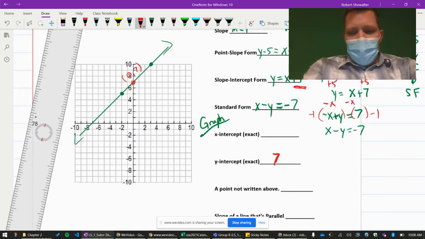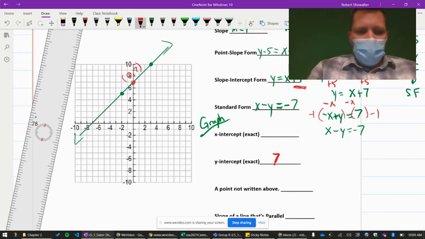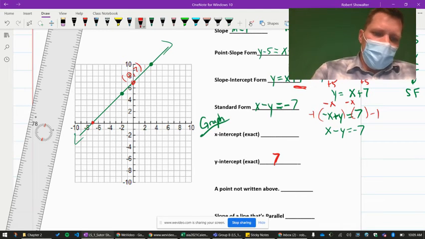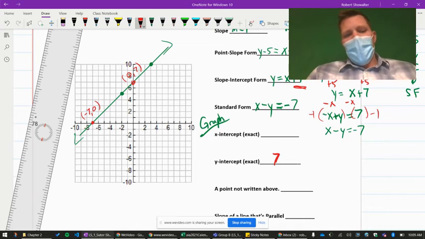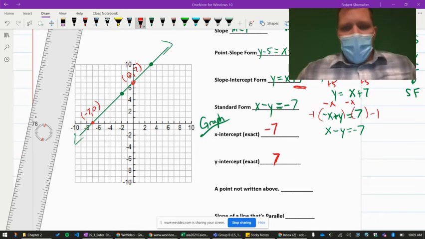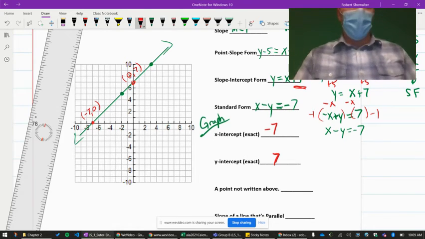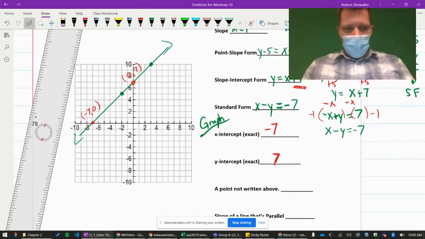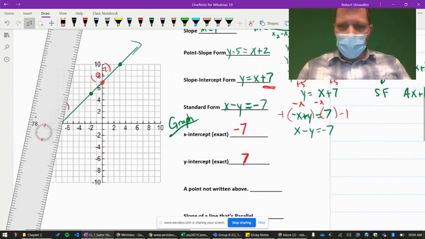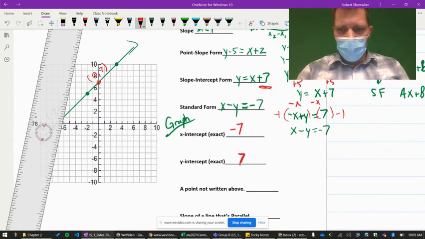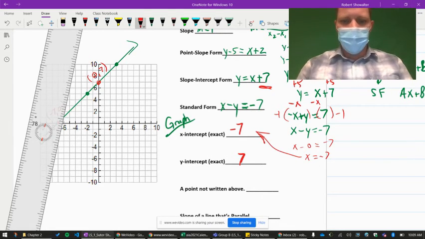The x-intercept, conversely, is where the graph crosses the x-axis. Looking at the picture, it crosses at (-7, 0), so we have an x-intercept of -7. Another way to find it is to put 0 in for y in standard form and calculate the x-intercept. We get the same exact value.